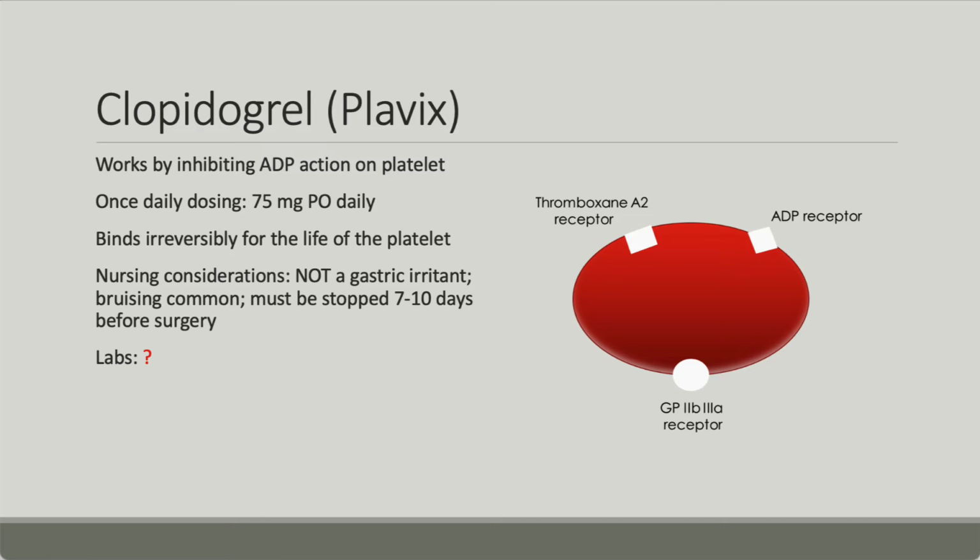It hits the platelet. It will not surprise you then, since it binds irreversibly, that a patient can't have major surgery without risk within 7 to 10 days, right? So we have to stop the medicine, if possible, 7 to 10 days before the operating room.